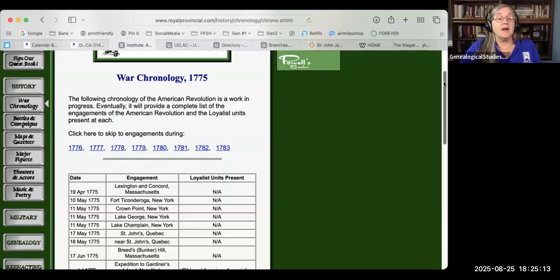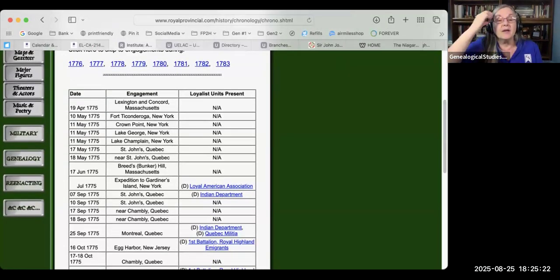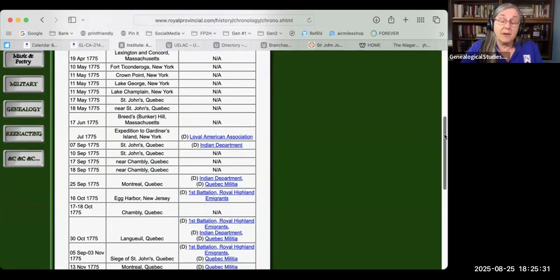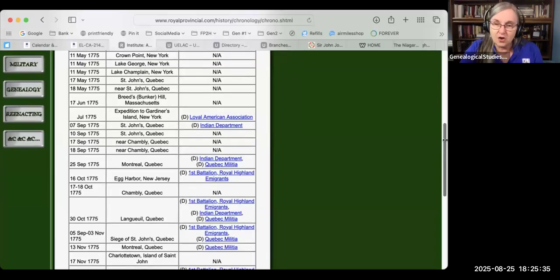It is the chronology. So, not all battles were major battles, some were just small. There are more skirmishes, I guess you would call them, where loyalist regiments came up against the rebels, and the loyalists tend to call them rebels and not patriots.